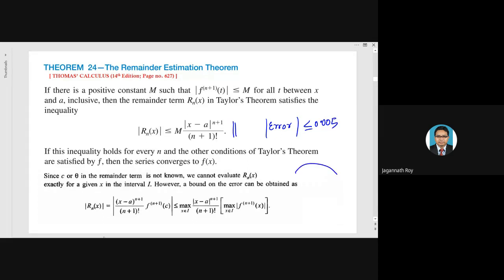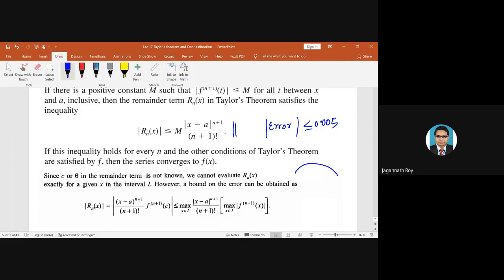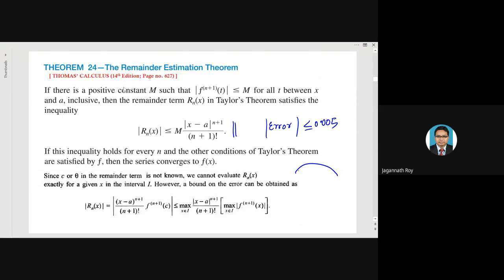That means this is the original curve, and we are trying to approximate the function. We want to make the difference between these two curves small. Maybe this is f(x) and this is Pn(x).